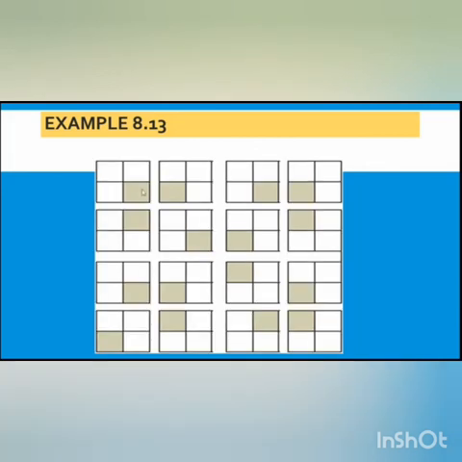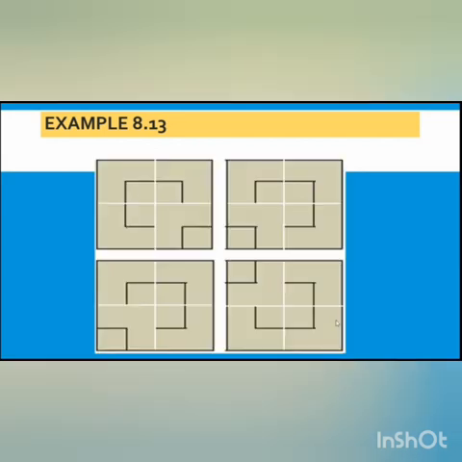Here each board is covered with one corner. Now we can place the triamino in the remaining place without overlapping. And we can rotate the triamino in any direction as we need. After placing all the triaminos, the entire square board will be covered like this. Do you understand the concept?